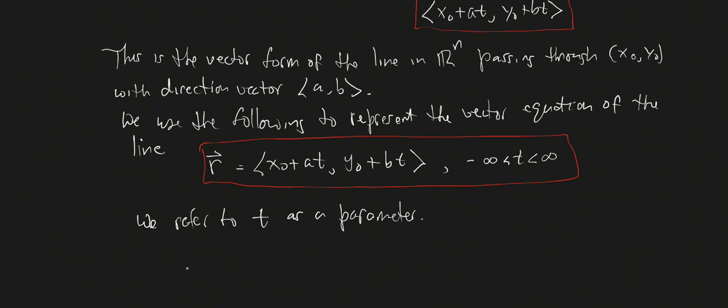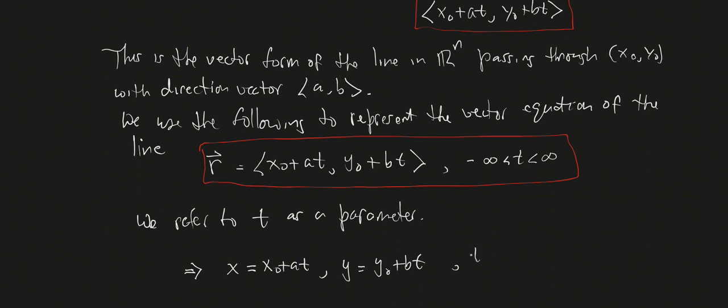So what this implies is that the x values on the line, my variable x, are all equal to x0 plus at, and all the y values can be determined by that equation, again with the understanding that t can be any real number.